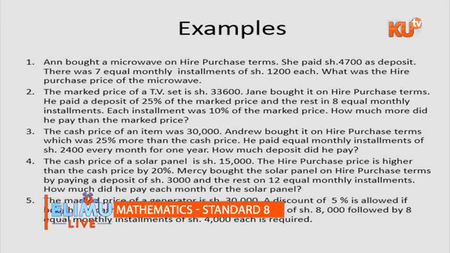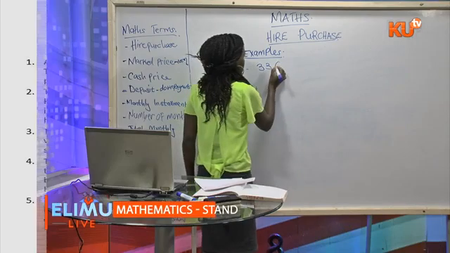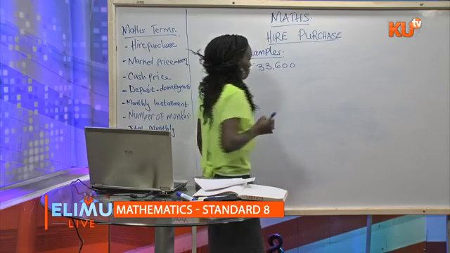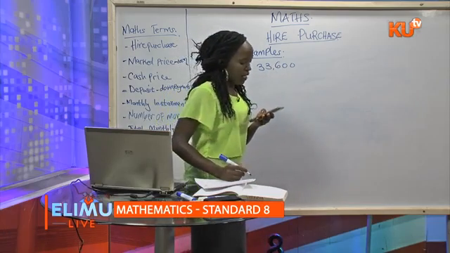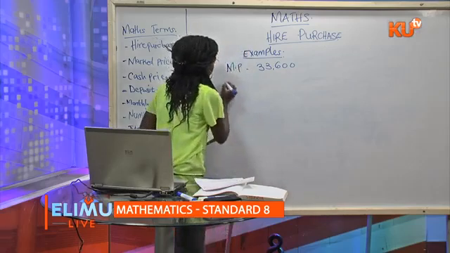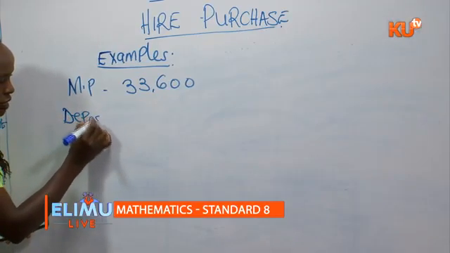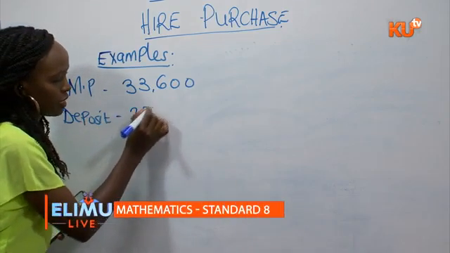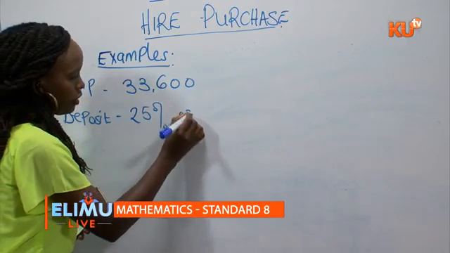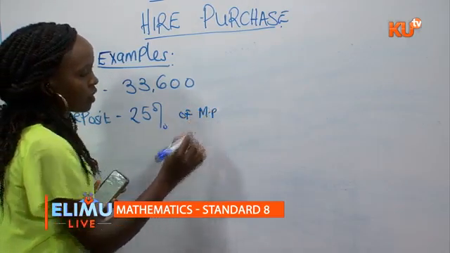We are told that the marked price of a TV set is 33,600. That was the marked price. Jane bought it on hire purchase terms. He paid a deposit, so the deposit was 25% of the marked price.